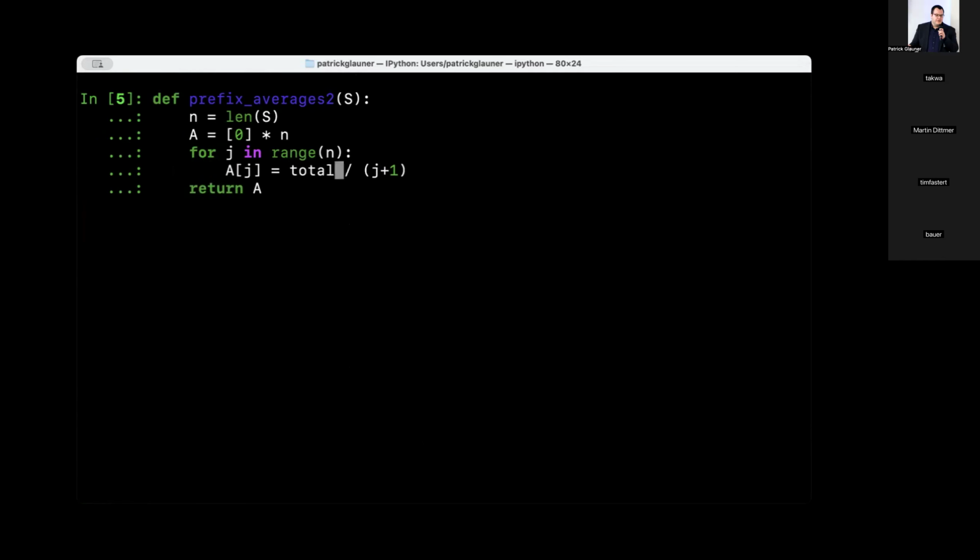Maybe we can calculate this total here smarter. And it turns out in Python, there is a sum function, and in the sum function we can put in some list, and these elements will be summed together. And what I can say is, well, actually, from my input S, I need something like this.